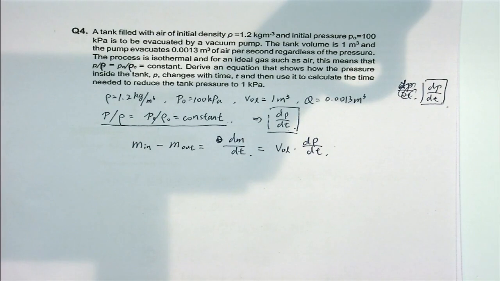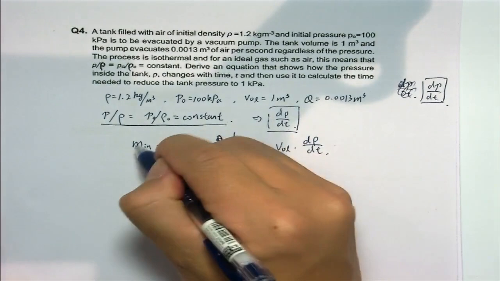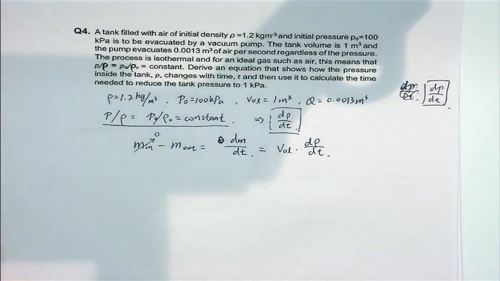So it's just the density change on the right term. And on the left term, there is no mass flow in. So that one is 0, right?